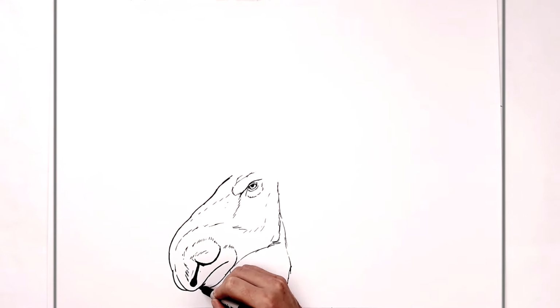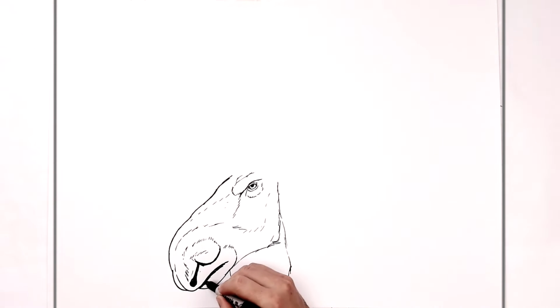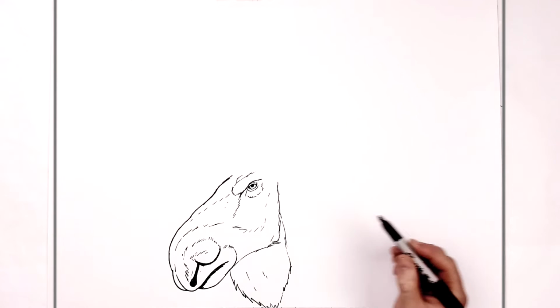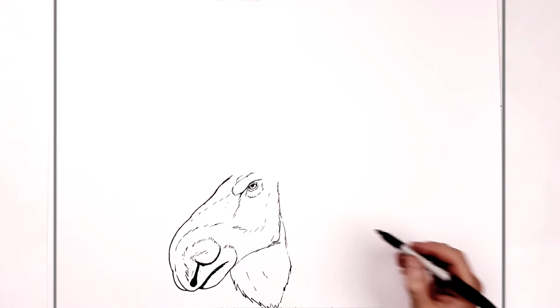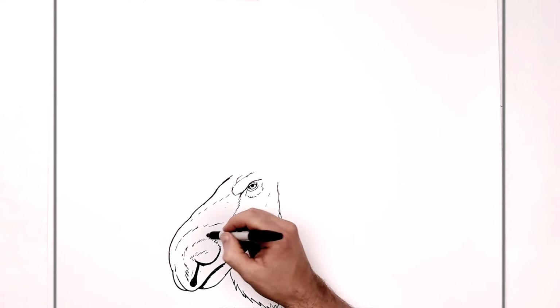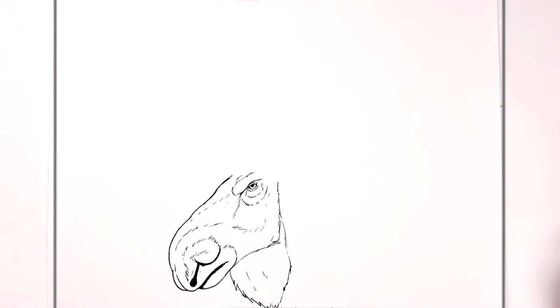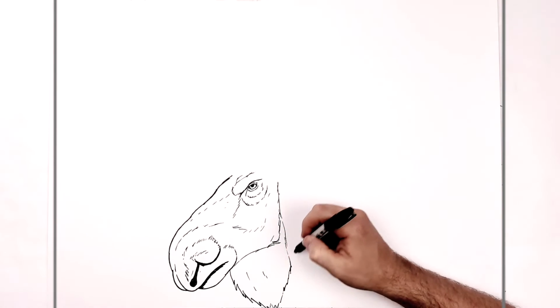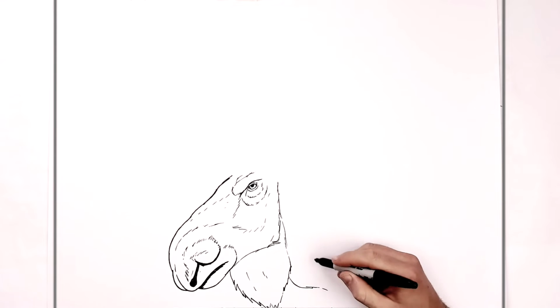And I'm just going to add a shadow underneath his lip as well. Right, so then the rest of his neck sort of comes down real long here.